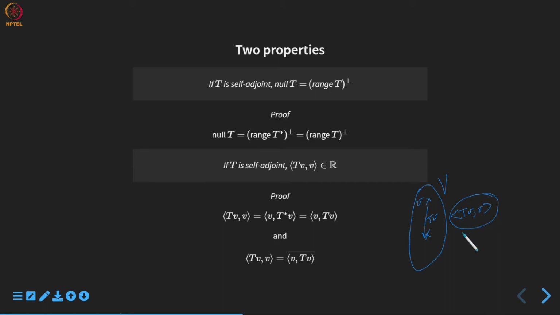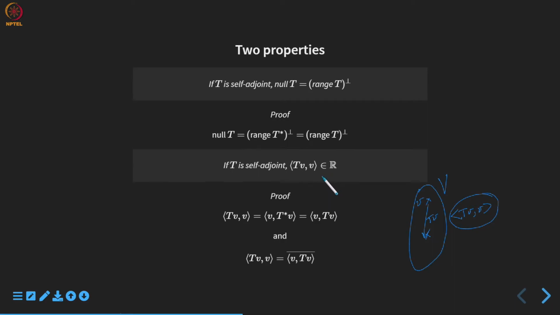You'll see why it determines a lot of things. Already we see that it has to be real. For the same V, you cannot have something which is not real for a self-adjoint operator. These are useful, because quite often you will have to decide whether an operator is self-adjoint or not. These are easy checks: if TV comma V is not real, then it is not a self-adjoint operator.